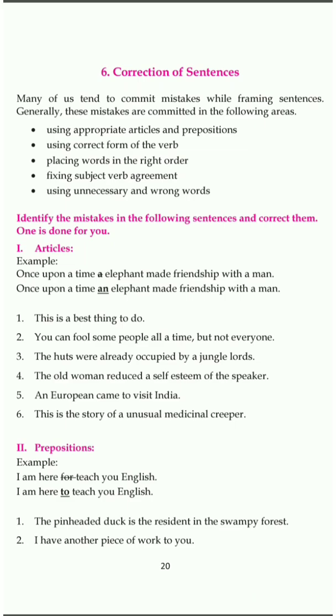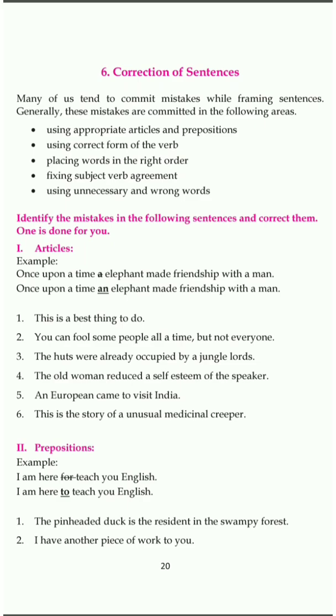"An European came to visit India." Again, the major mistake most of the time we make. "An European" is wrong. Here E is just a letter in European. Even though that is a vowel letter, the sound is different here. The sound is a consonant, the Y sound. So that is why it doesn't take "an" here.